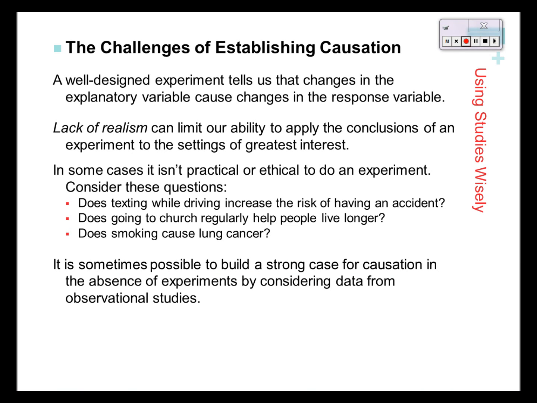Here are the challenges when we are trying to establish causation. A well-designed experiment can tell us that changes in the explanatory variable cause changes in the response variable. We might lack some realism.